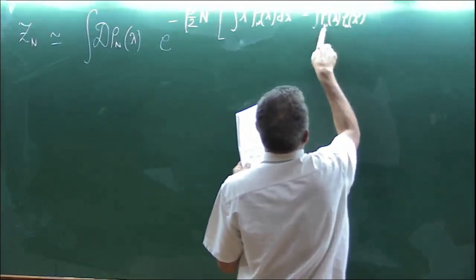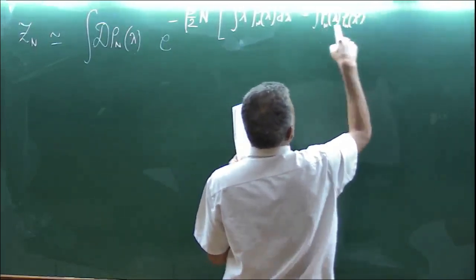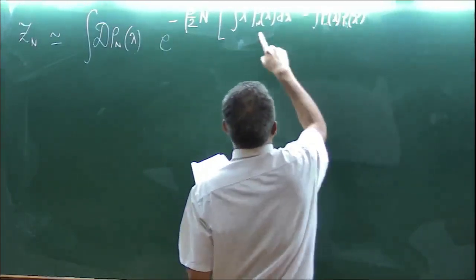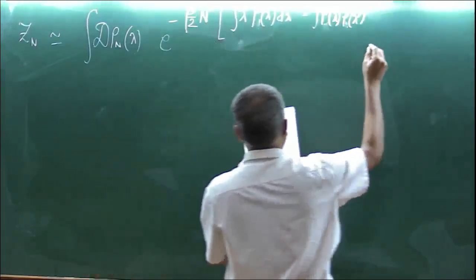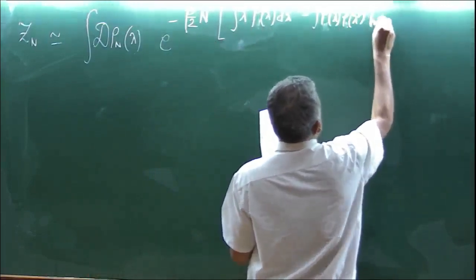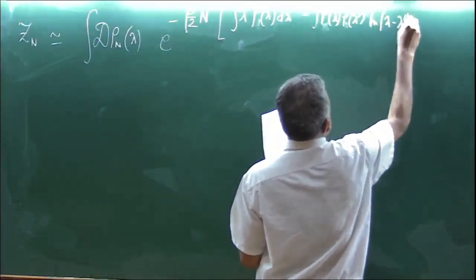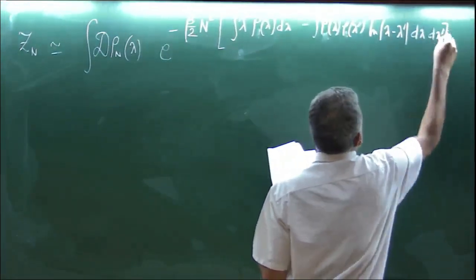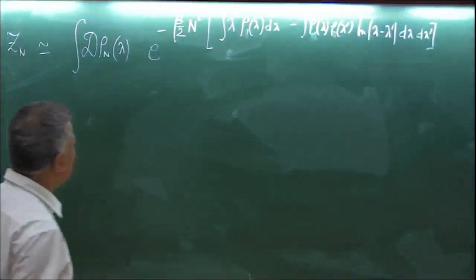This n I'm just keeping here, but you will see that in the large n limit, the density of course becomes independent of n, so let me drop it here. You can show that, we'll see that in a minute. I've dropped the entropy term.